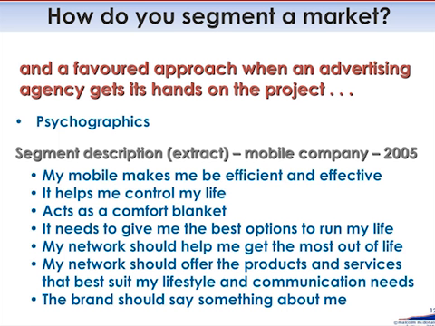What should be the products and services I should be putting together? Give me the indicators of what I should be doing. It tells me nothing that is really useful for a successful marketing strategy for whatever this particular segment is. And the brand should say something about me? Please, we really need something much more concrete than that to help us structure a strategic marketing plan around segments.